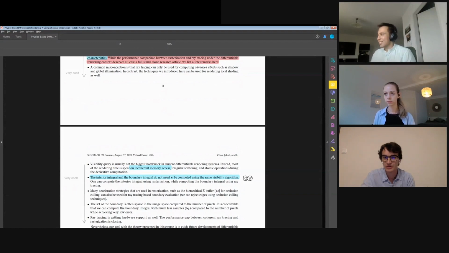Yeah, absolutely. So the last paper that we discussed, one of the main takeaways was that neural networks are really just universal function approximators. So if you take one of the integrals and say, okay, let's approximate this with a neural network, then that could totally work. I think that's a generalization of what they are saying here, that naturally you just have two integrals and you can use whatever to solve them.